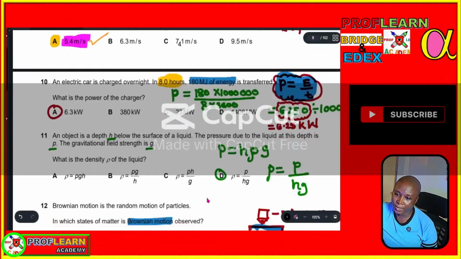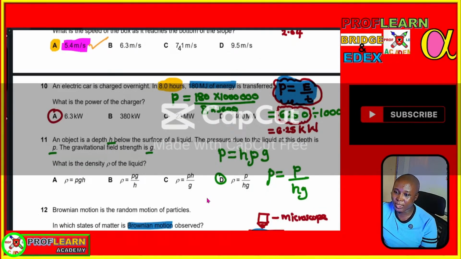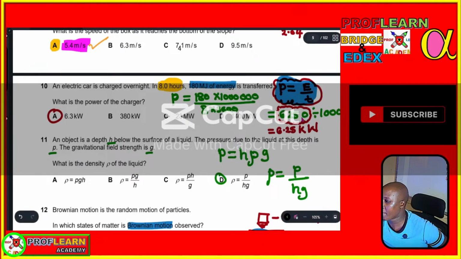In question number 10, we are told an electric car is charged overnight in 8.0 hours. 180 megajoules of energy is transferred. We need to remember the formula that power is equal to energy over time. What is the power of the charger? Power must be in watts, but energy should be in joules.